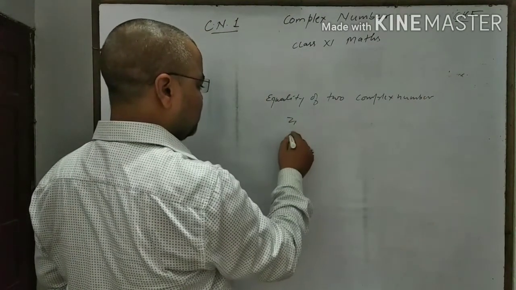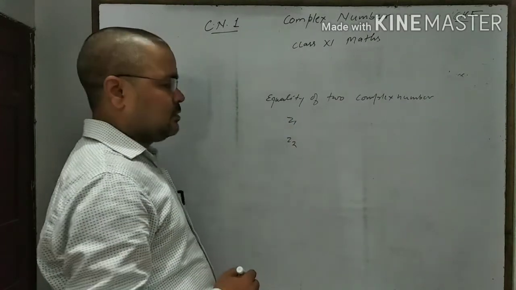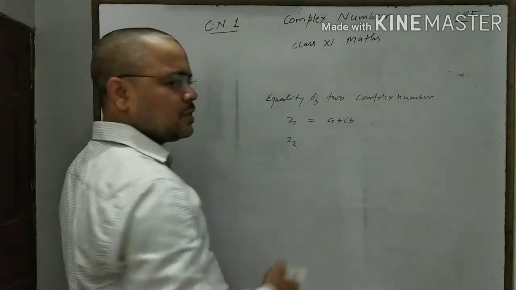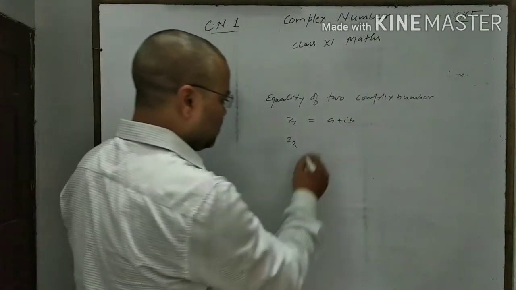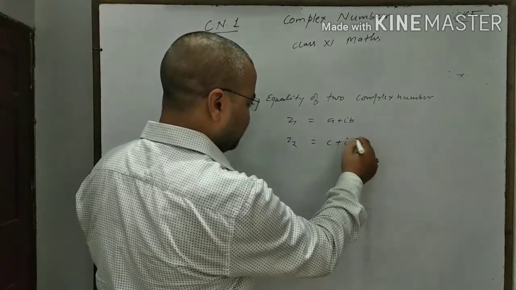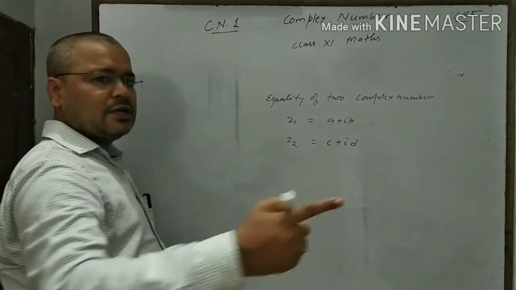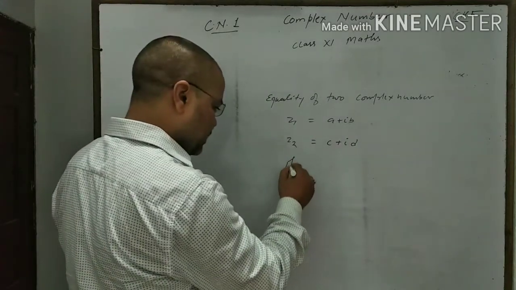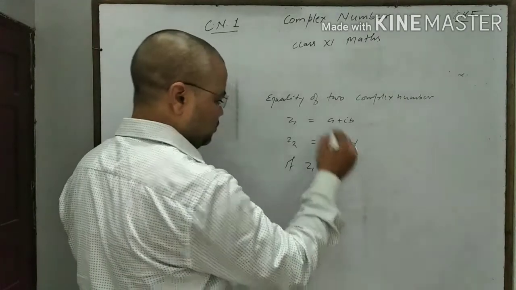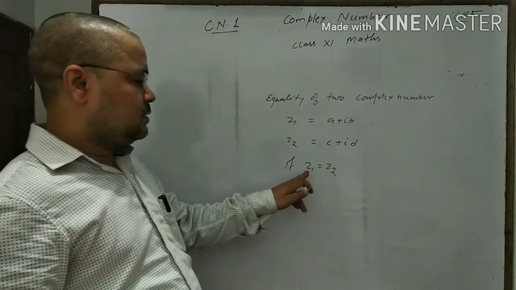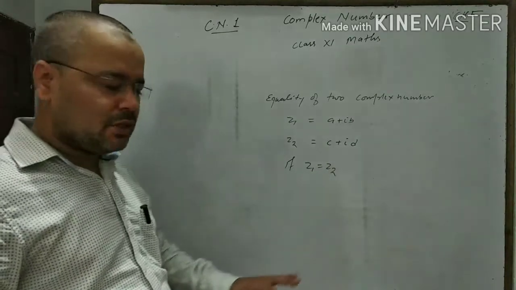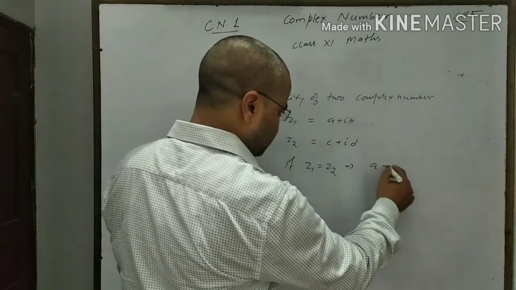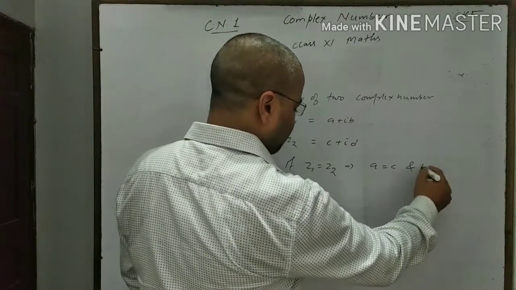If we have z1 and z2, two complex numbers, such that z1 is equal to a plus ib, where a and b belong to real numbers and i is equal to root minus 1, and z2 is equal to c plus id, where c and d belong to real numbers and i is the same root minus 1. And if z1 is equal to z2, then this implies that a is equal to c and b is equal to d.